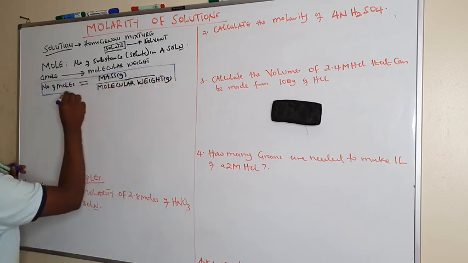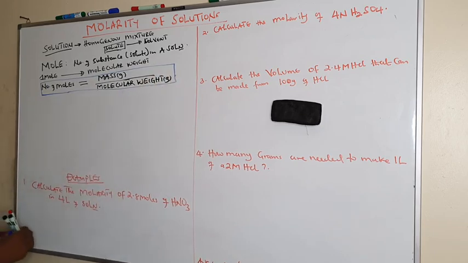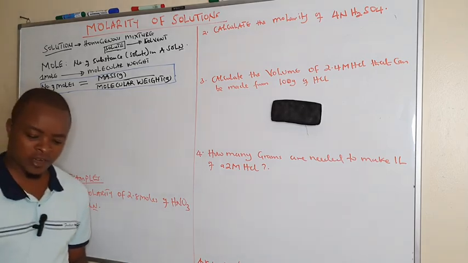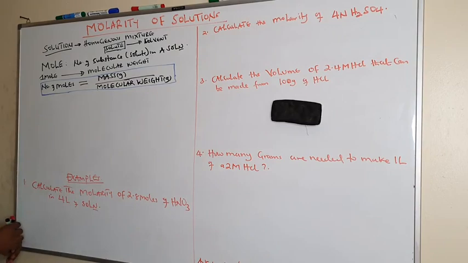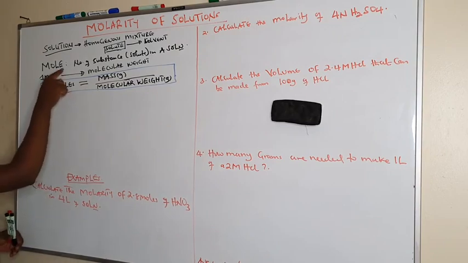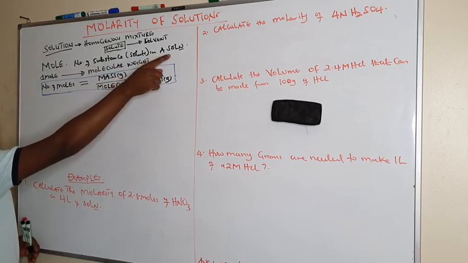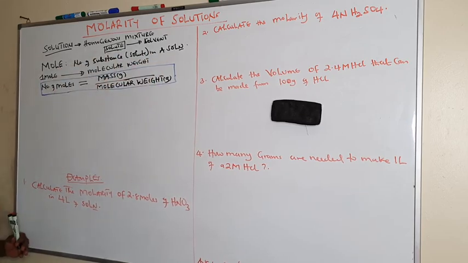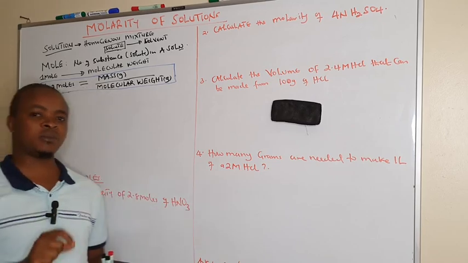The first thing we have seen is that the SI unit, or the standard unit of expressing substances in a solution, is the mole, and we have seen that mole is the number of substances or solute in a solution, and that 1 mole is the same as the molecular weight of that substance.